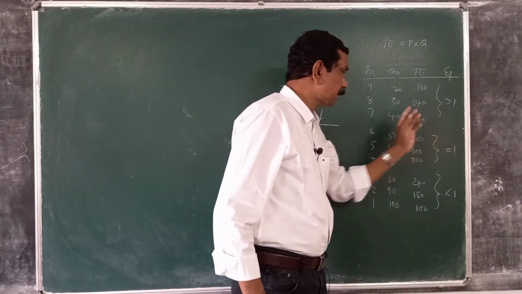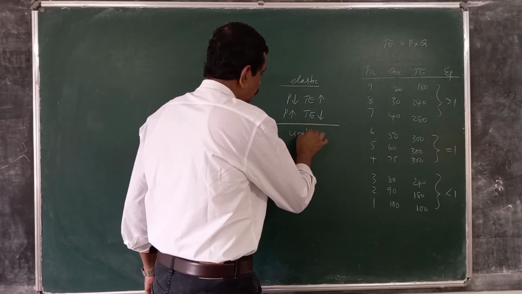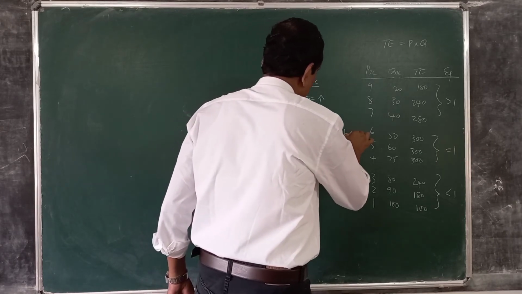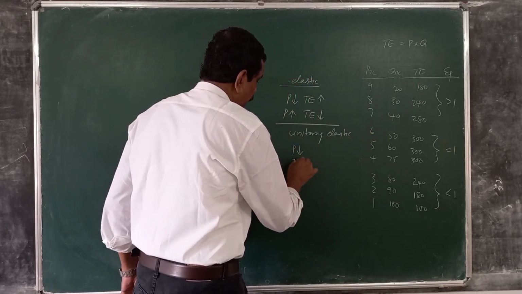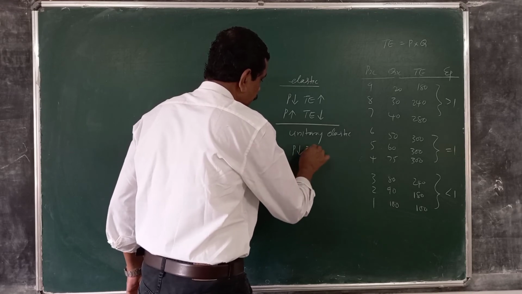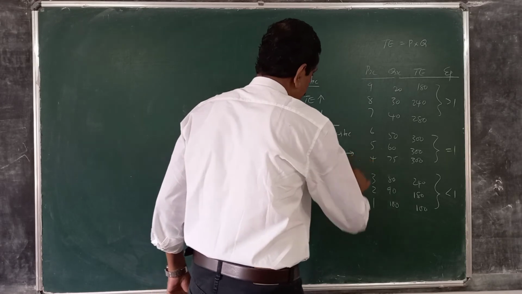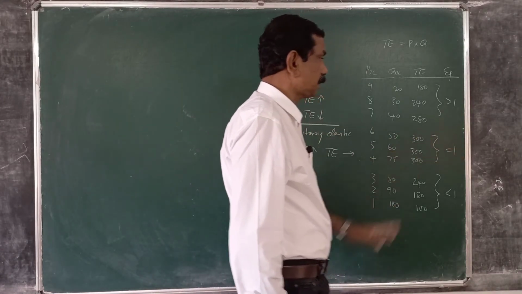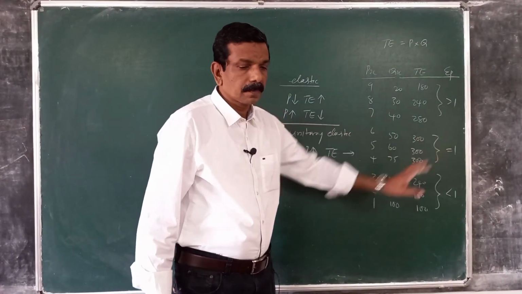This is the range. Demand is said to be unitary elastic if for a fall in price or for a rise in price, total expenditure remains constant. Total expenditure neither increases nor decreases. That is this range.